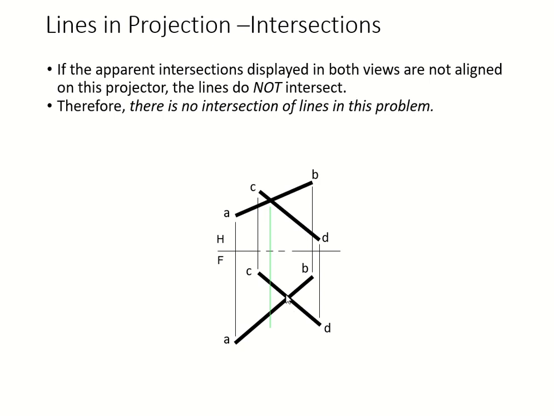If they're not, then you don't have the intersection. I can draw the other crossover line. The green one is here and the blue one is here, so they do not align. Therefore they don't intersect. These lines don't actually intersect. That's it.